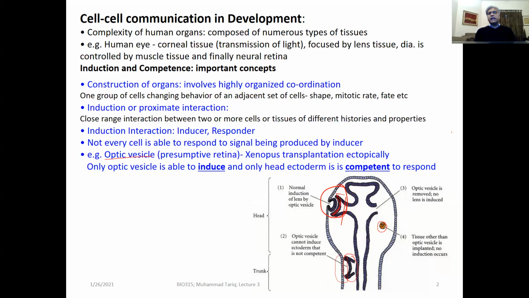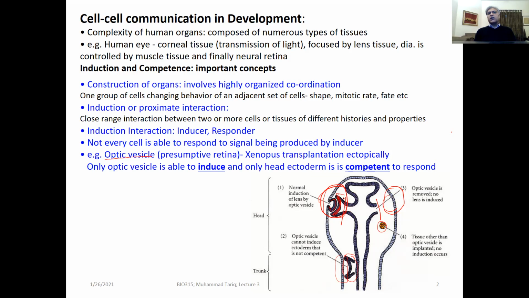This optic vesicle sends molecular signals which tell the ectodermal region in the head region, which is this one, or this one. So if you remove the optic vesicle from here, you can see the ectodermal cells are not invaginating. They are not going into the fate, or into a form, which eventually is going to produce the lens.